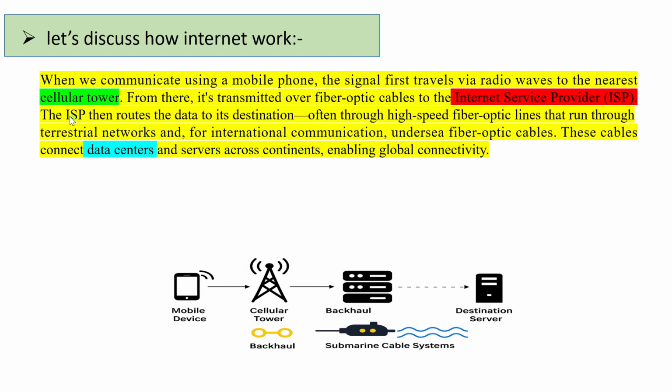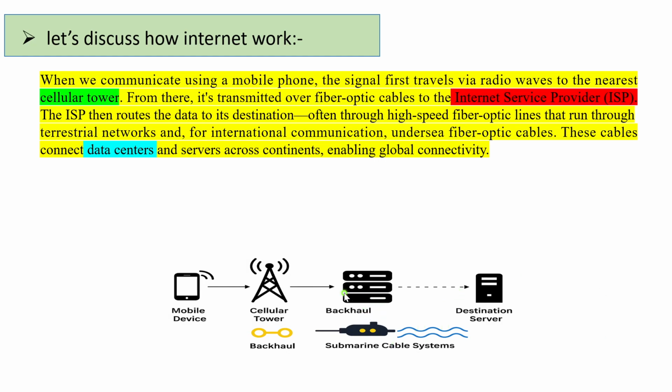The ISP then routes data to its destination, often through high-speed fiber optic lines running through the terrestrial network, meaning land or sea network lines, including under-sea fiber optic cables, so the ISP can connect your network to the destination server.